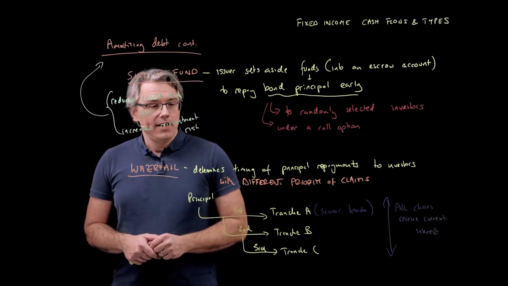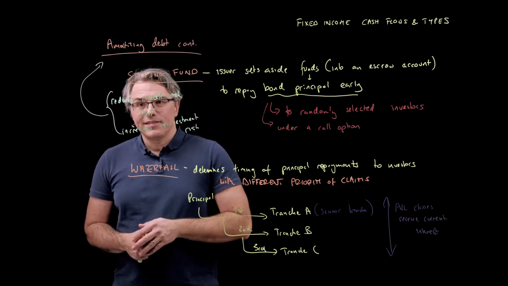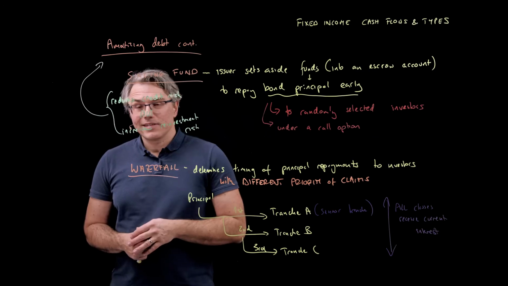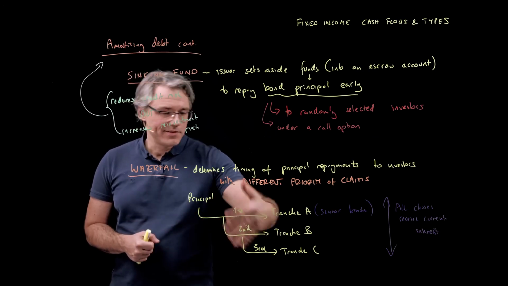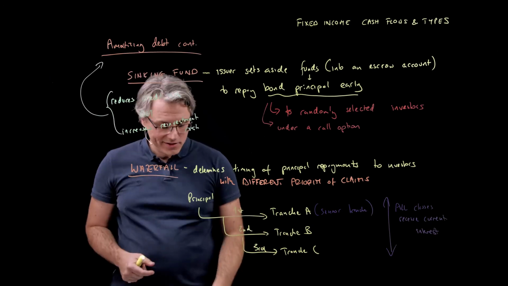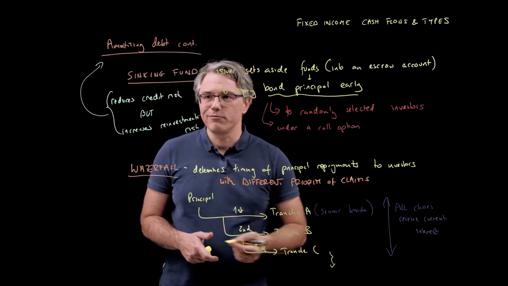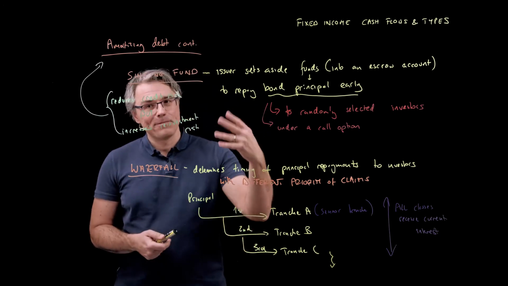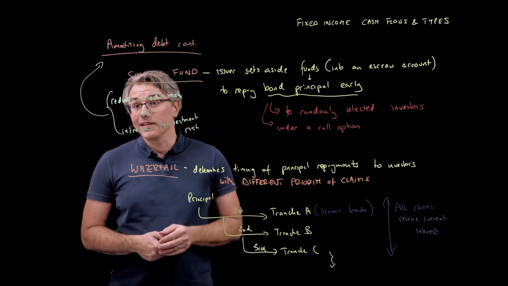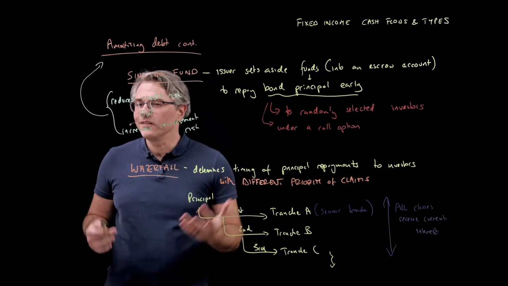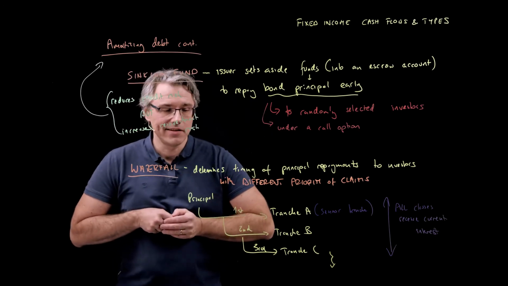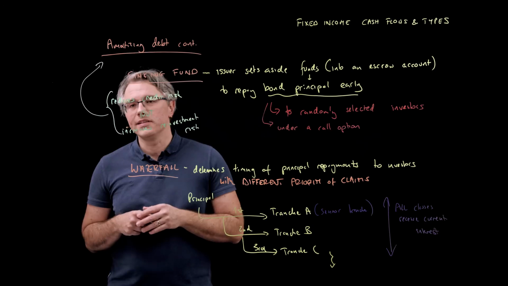Tranche A investors face the lowest level of credit risk. Tranche C investors, including the ones lower down, this absolutely is not limited to the letter C. I've just run out of space here. But you could go all the way down to something like Z. There is, in fact, something like a tranche Z as well.